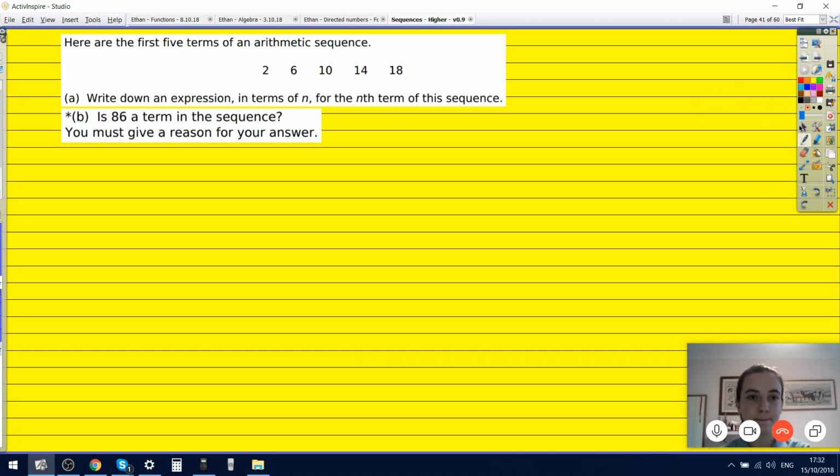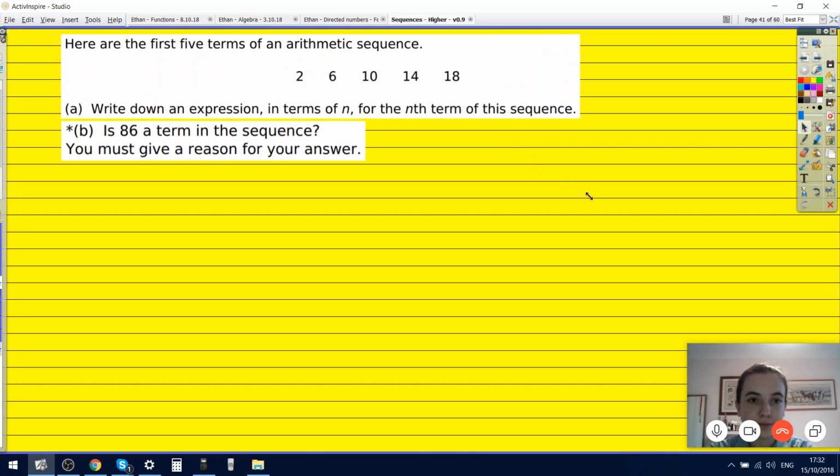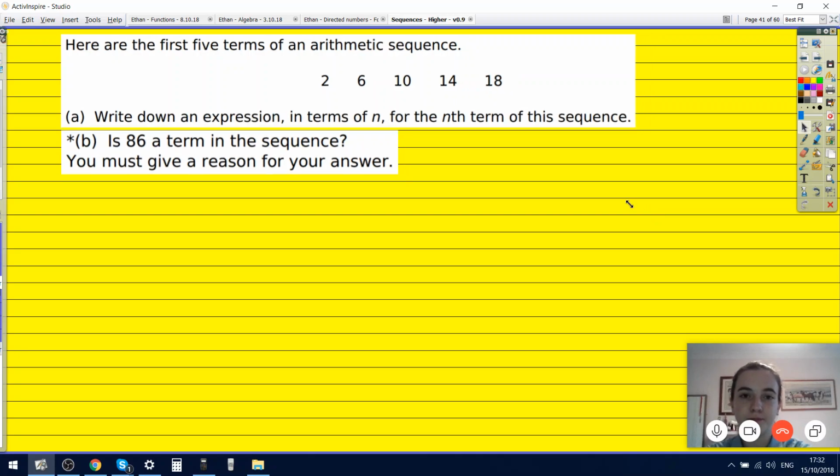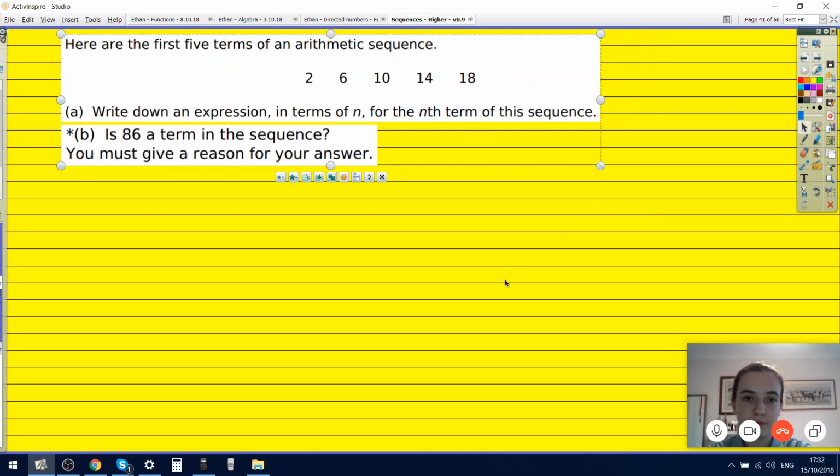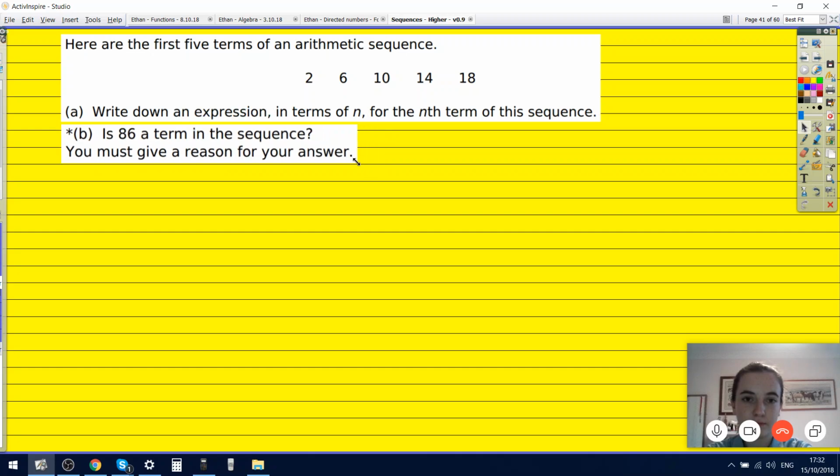Okay, let's try this. For n minus 2. So then 4 times. Oh wait, no. 86 plus 2 divided by 4.